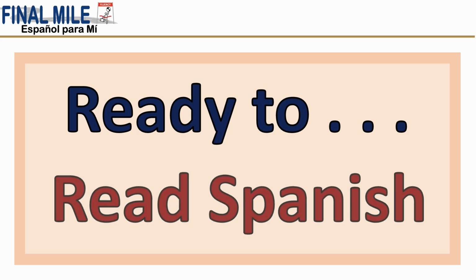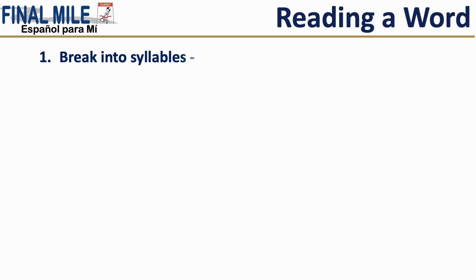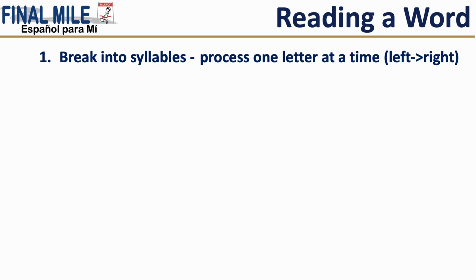Okay, you are ready to read Spanish. When you encounter a Spanish word, you are going to be able to read it now, even if you don't know what it means and you have never seen it or heard it before. The first step is you break it into syllables, processing one letter at a time from left to right, the way we've been doing in this lesson. You number the syllables from right to left this time.